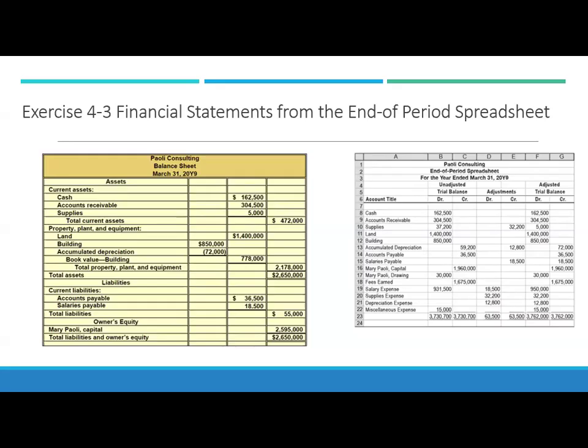And then we have our land balance and then building, less accumulated depreciation and the net book value of our building. And we take that right from building and accumulated depreciation accounts. And then we have our total property, plant, and equipment subtotal, total assets. And then for the liability section, it's also listed out right there. And we get our capital balance from the statement of owner's equity.